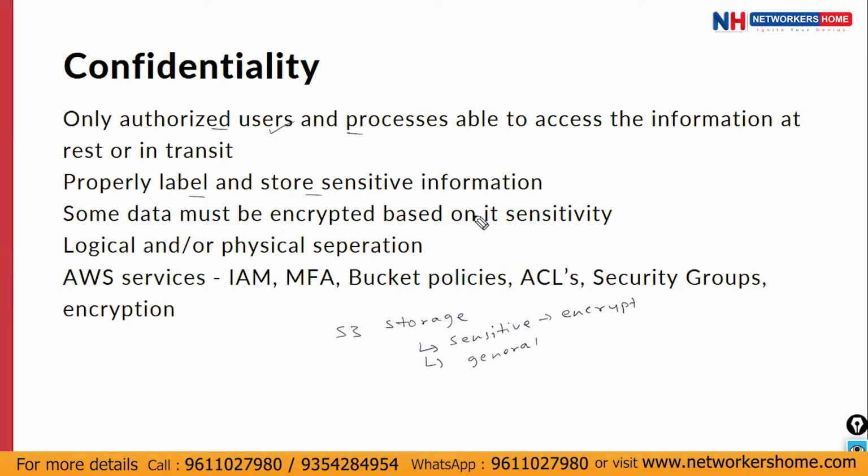For sensitive data, you have to properly label and store sensitive information separately. You turn on encryption and also define access control. Particularly if you are using an S3 bucket, you can define bucket level policies. S3 bucket policies you can define, or you can go with the S3 bucket access control list, which is the legacy method of S3 bucket policy.